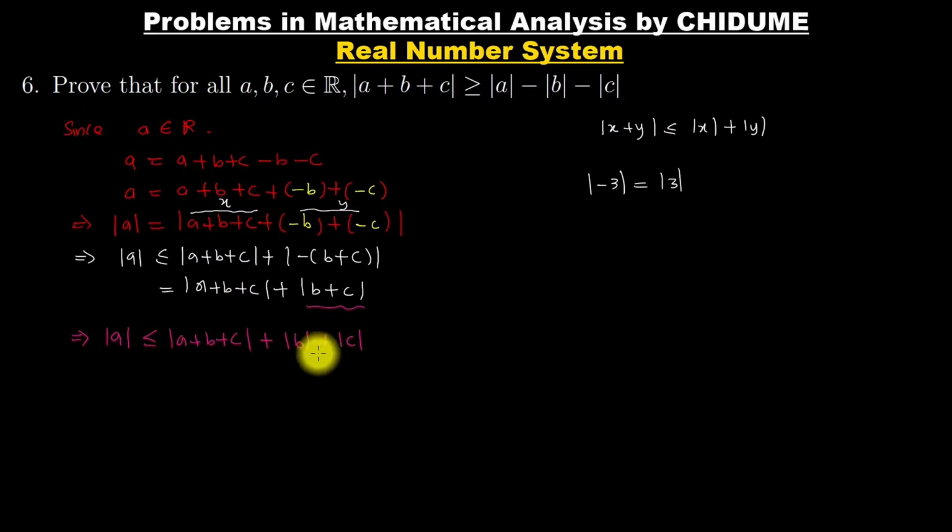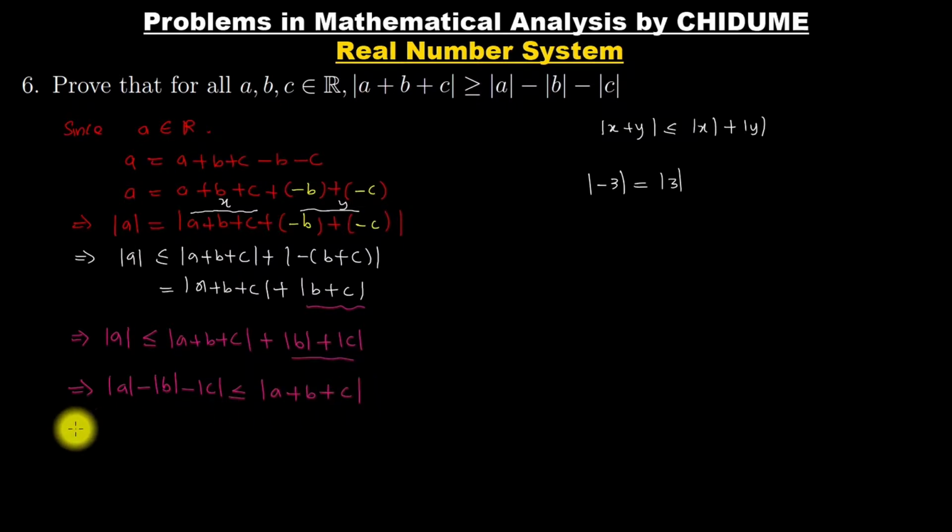If I take this b plus c to the other side, I'm going to have the absolute value of a minus the absolute value of b minus the absolute value of c less than or equal to the absolute value of a plus b plus c.